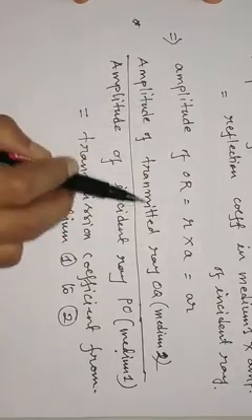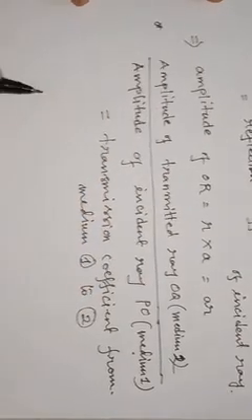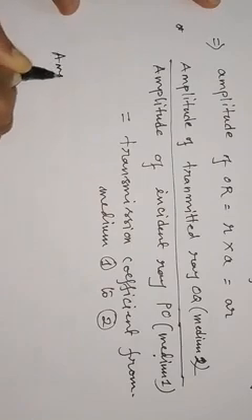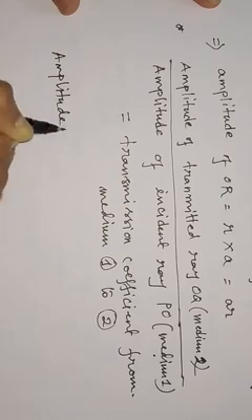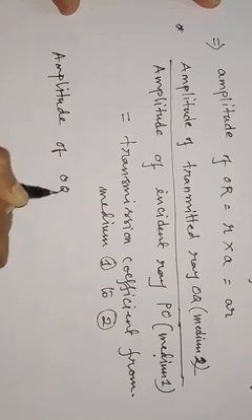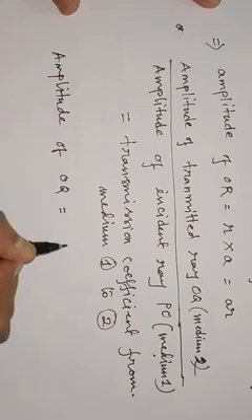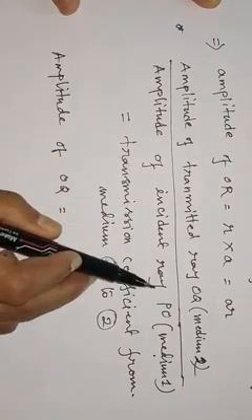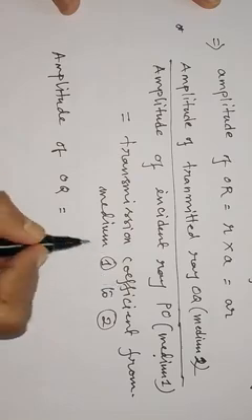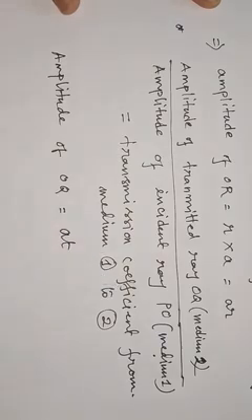Now we want to find the amplitude of the transmitted ray OQ. So the amplitude of OQ will be equal to the amplitude of the incident ray PO times the transmission coefficient, which is AT.